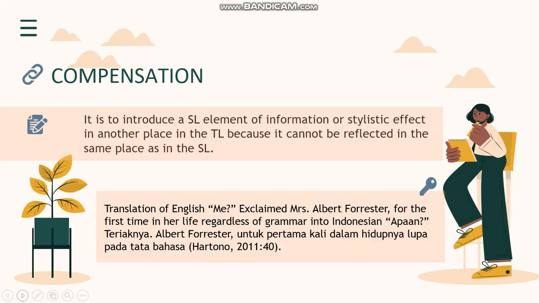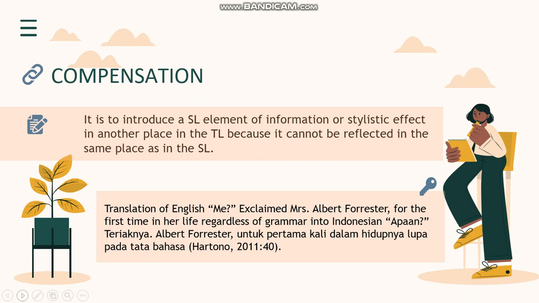Well, for the next technique, we have compensation. It is to introduce a source language element of information or stylistic effect in another place in the target language, because it cannot be reflected in the same place as in the source language.